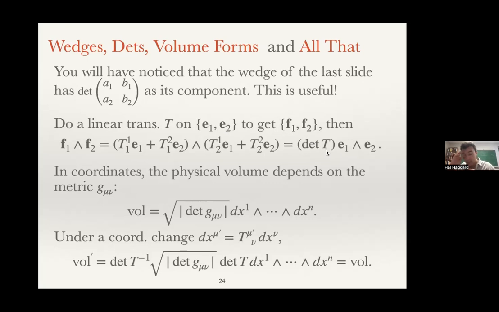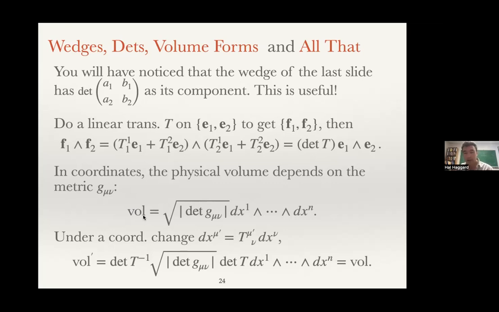This is going to be immensely useful for doing calculations with differential forms and more generally in general relativity. And this connects with things you've seen in your general relativity classes. You probably introduced a so-called volume form. As I said, all differential forms today are going to be undecorated, so I'll just call the form vol.